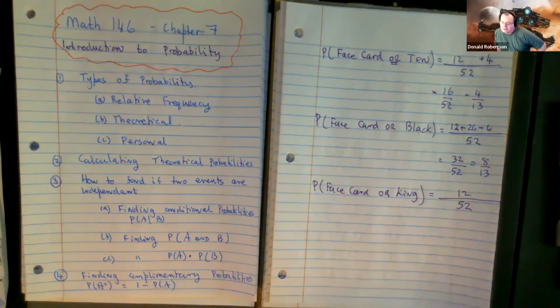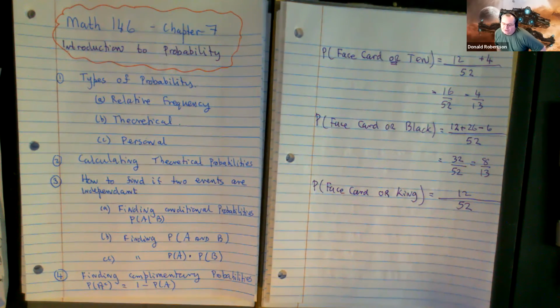Yes. Do you see in that one, you kind of short circuit the equation? It's a kind of trick question. What's the chances of being a face card or a king? Well, if you are a king, aren't you already a face card? So you don't need to worry about it. Isn't it just getting a face card?